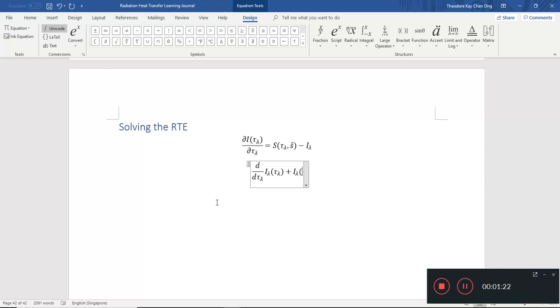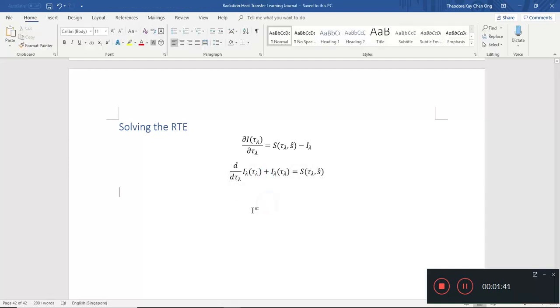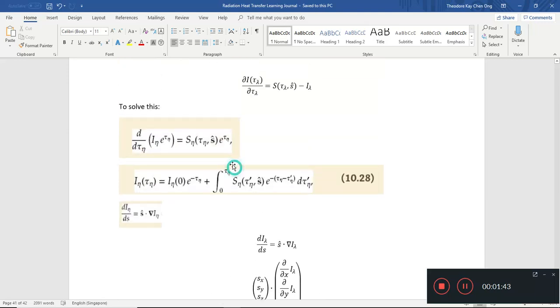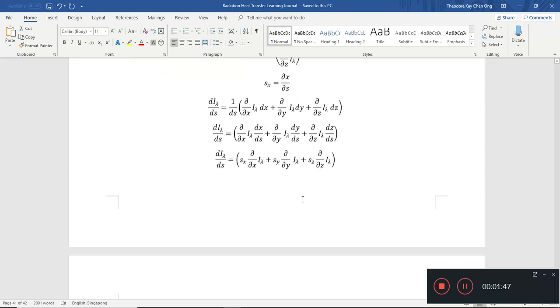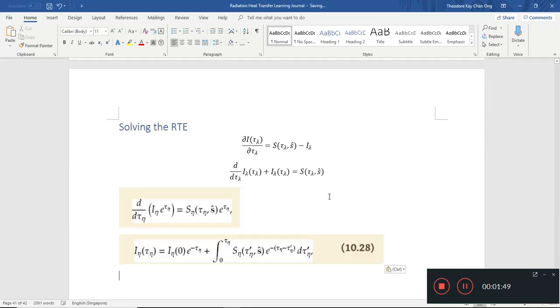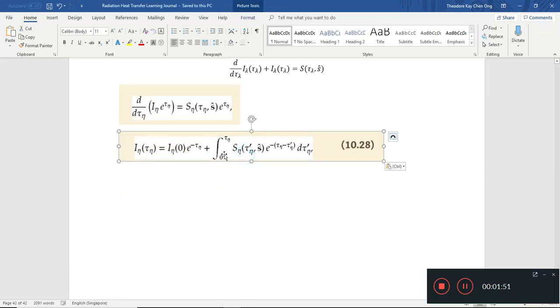Remember we were doing a first order looking differential equation, and we have an equation like this, and the way we solve it was using the first order ODE approach.